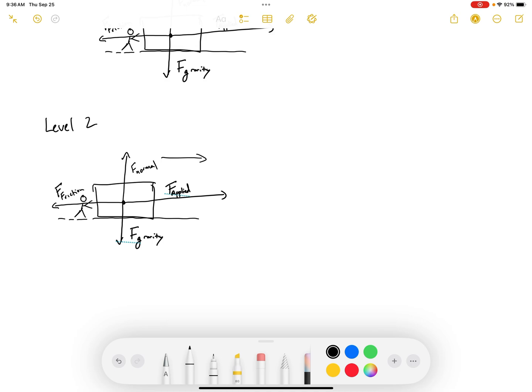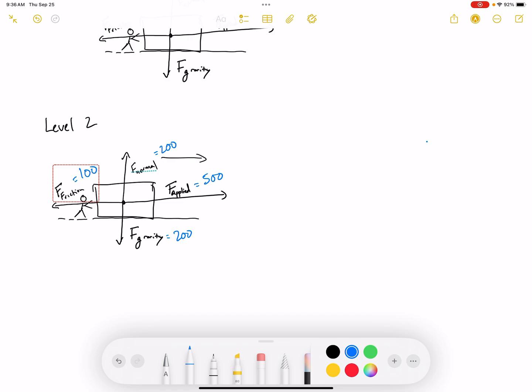So if I look at my free body diagram down here, now that I've created it, let's add some numbers to it. Let's say that I have a gravitational force of 200, a normal force of 200, an applied force of 500, and a friction force of 100. The setup has only changed in that I've added some numbers.